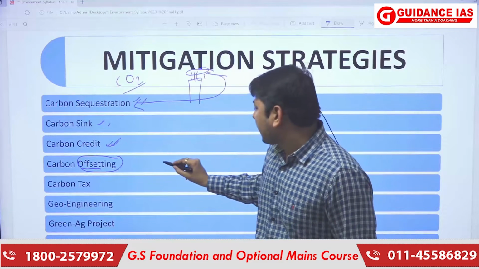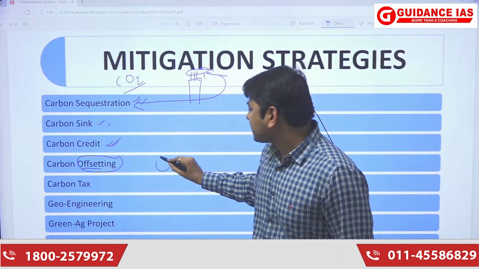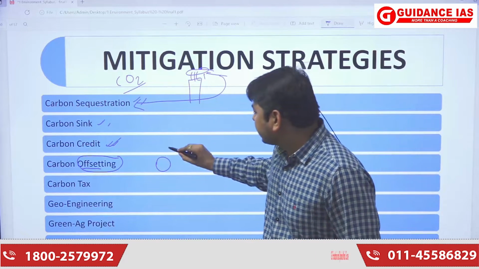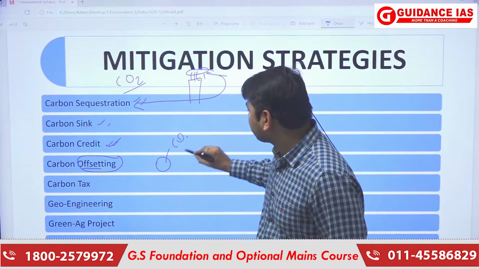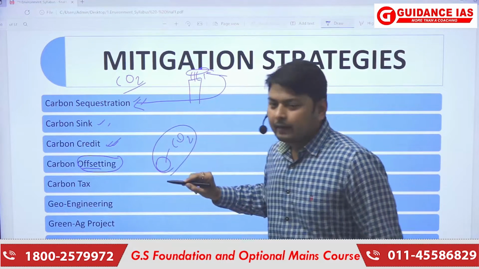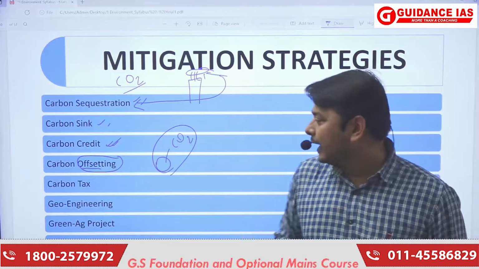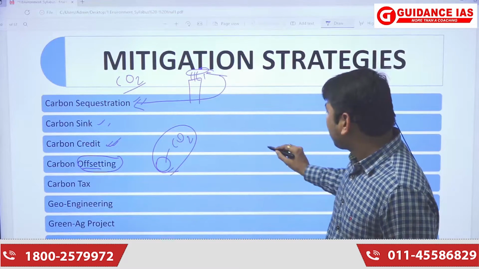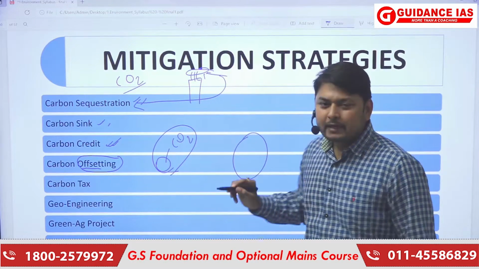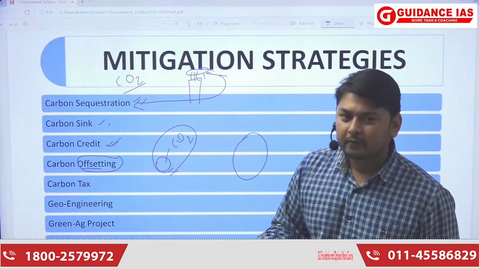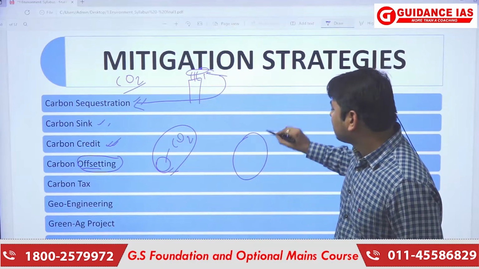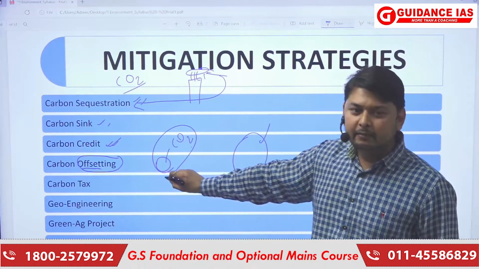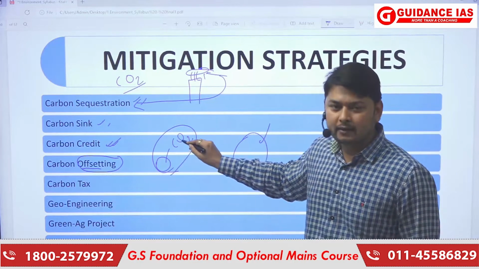If I am creating something here, okay? If this thing is CO2, I have created some amount of CO2 in one country, but there is another country which is giving the same output without producing CO2. So I am producing something, it is releasing CO2 in the environment.